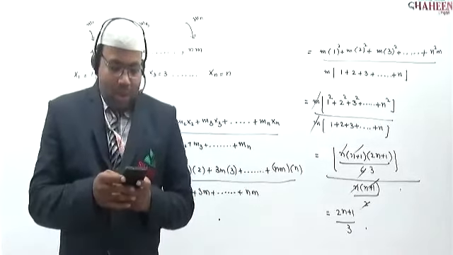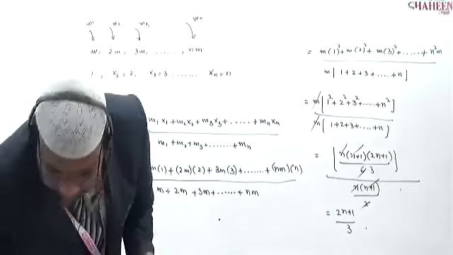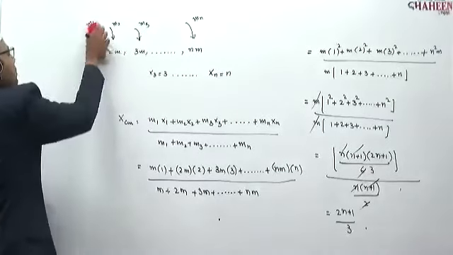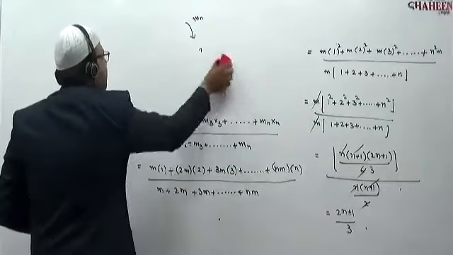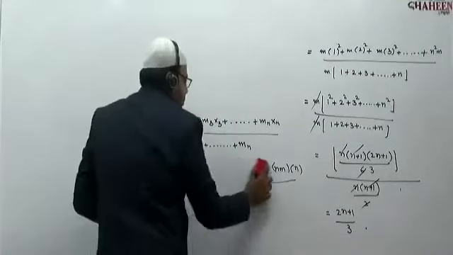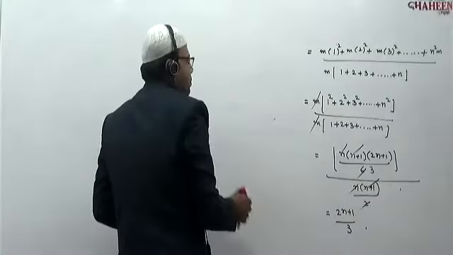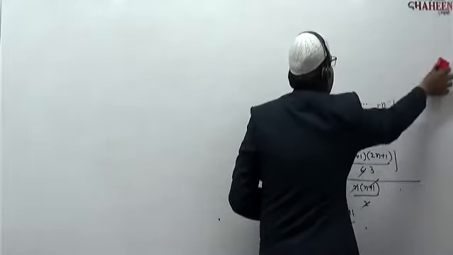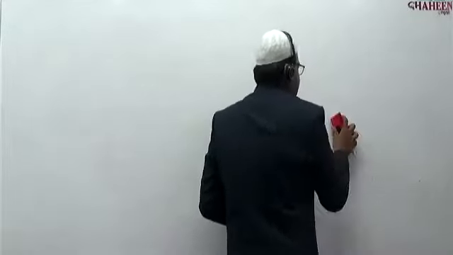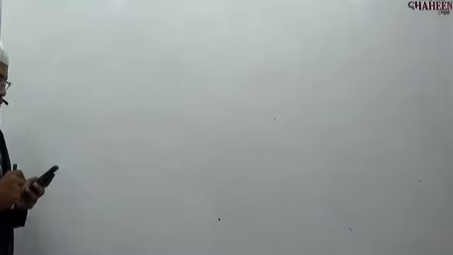Write down the question. Three solids of masses m1, m2, and m3 are connected with weightless string in succession and are placed on a frictionless table.